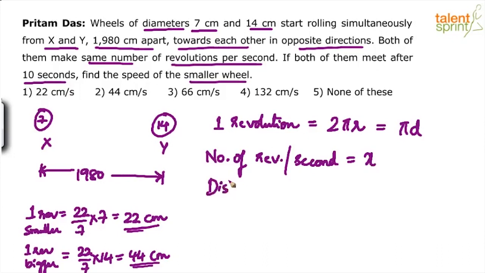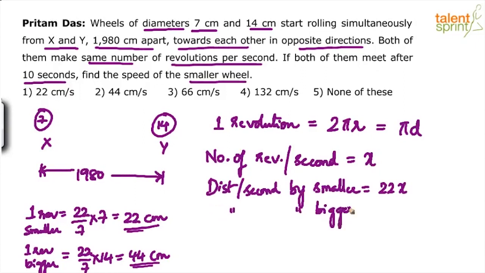The distance per second by the smaller wheel: in one revolution it covers 22 centimeters, in x revolutions it will cover 22x. Similarly, distance covered per second by the bigger wheel is 44x. You're able to follow? They are making x revolutions. Let's say it makes 2 revolutions: 22 into 2, 44 the smaller covers, and the bigger covers 44 into 2, 88.